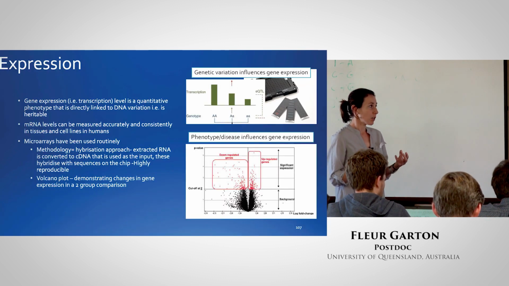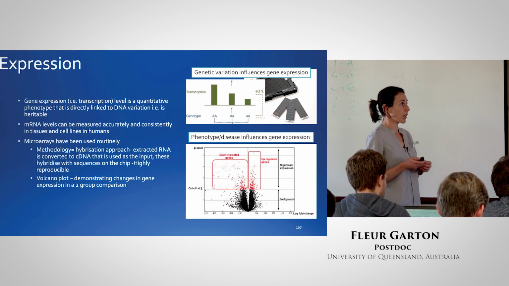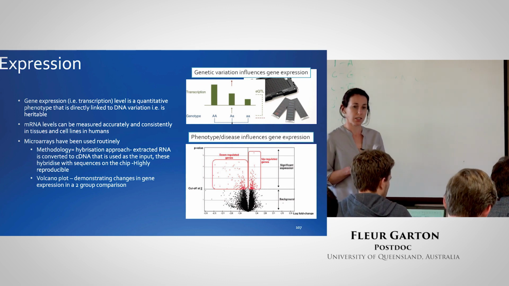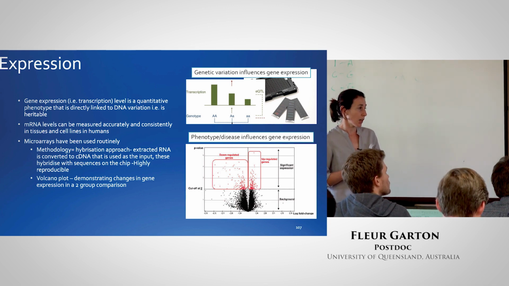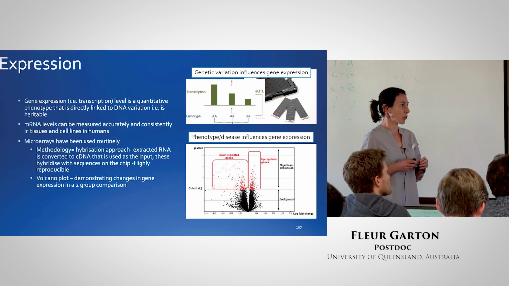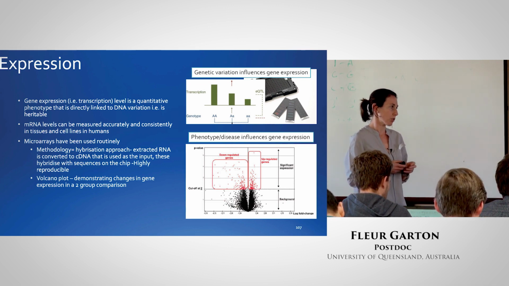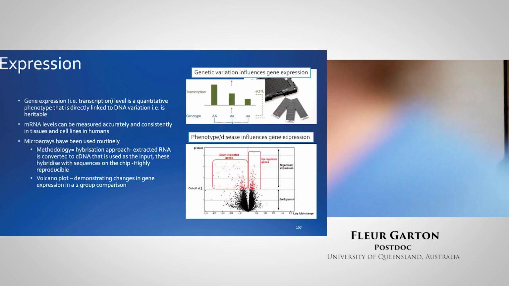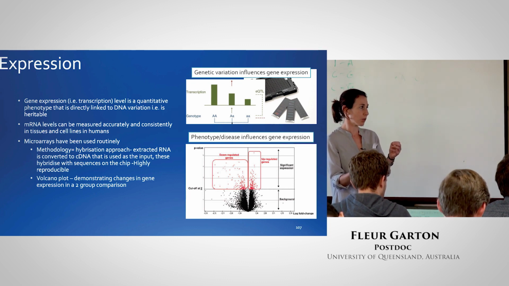So how do we measure expression? Messenger RNA can be measured very accurately and consistently in tissues and cell lines in humans. I think microarrays have been used routinely. This is a hybridization approach. You extract the RNA, you convert it to cDNA, and this is used as the input.